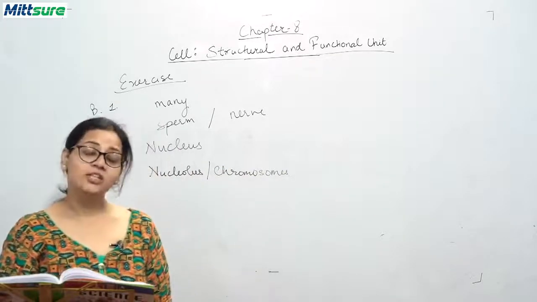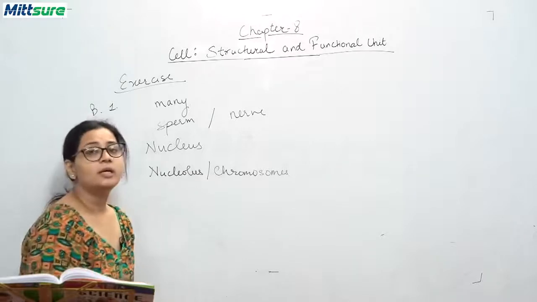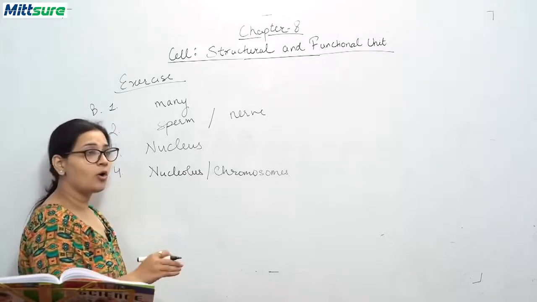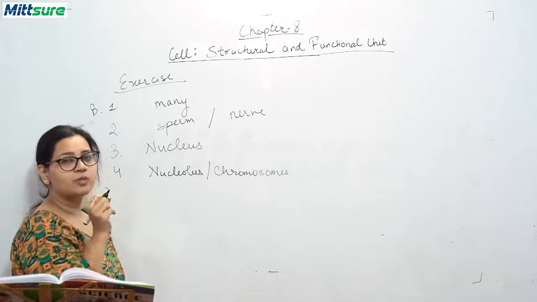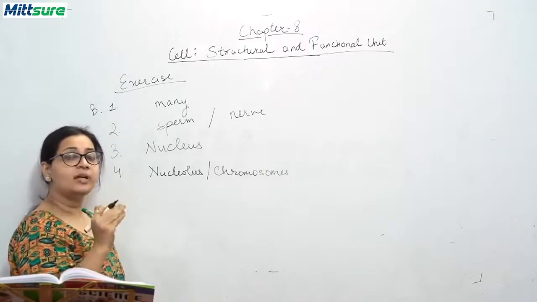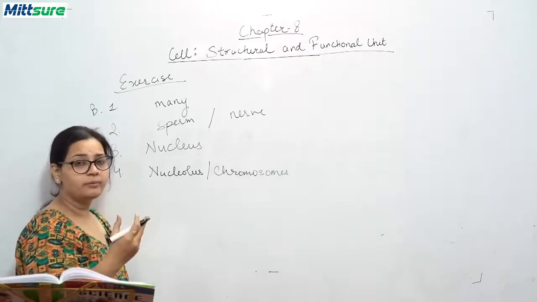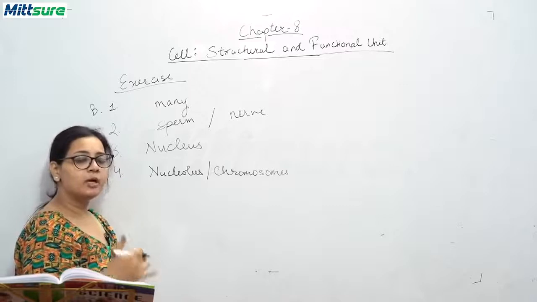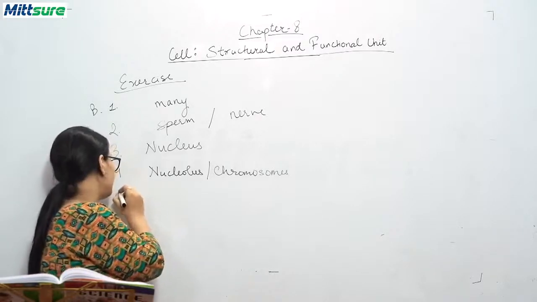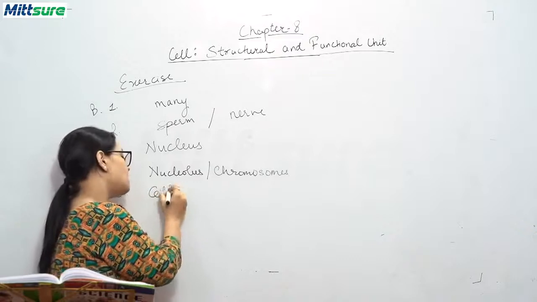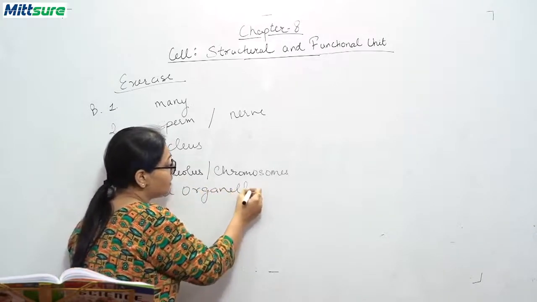Fifth, tiny structures inside the cytoplasm in a cell are called, but tiny structures in your cytoplasm, if they are specifically minute tiny structures which are round in shape, then the answer will be ribosomes, but they have only said tiny structures, so the answer will be cell organelles. Okay.